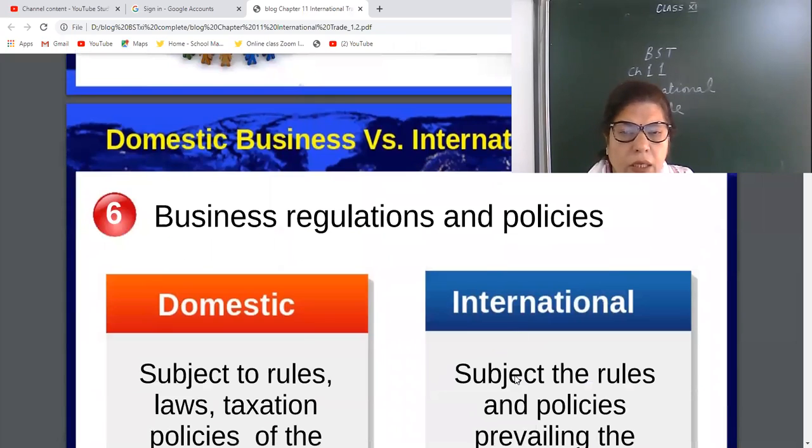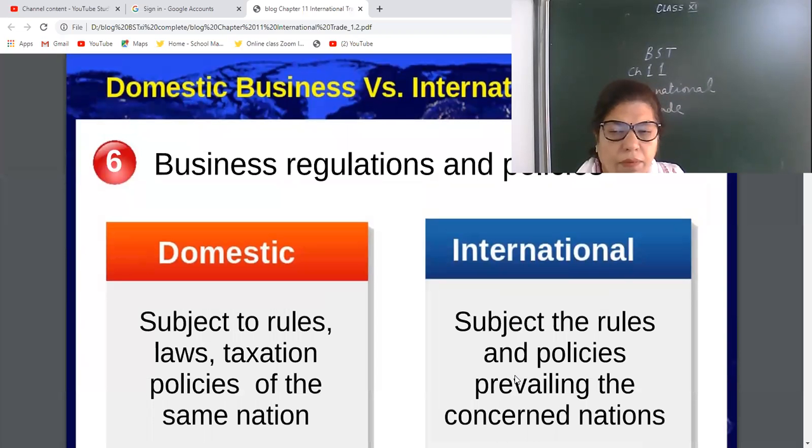Then next, business regulations and policies. In domestic business, the business regulations, rules, laws, taxation policies are of the same nation. Like in GST, one nation, one tax. GST is applicable all over the country.